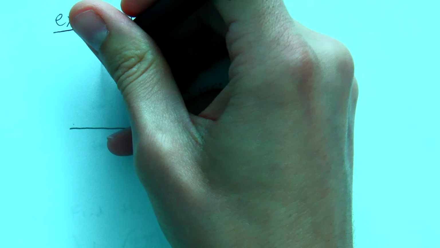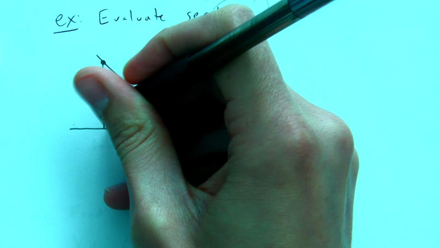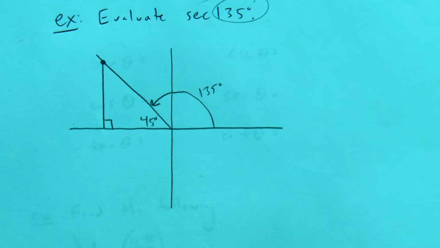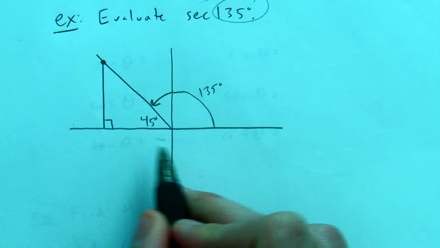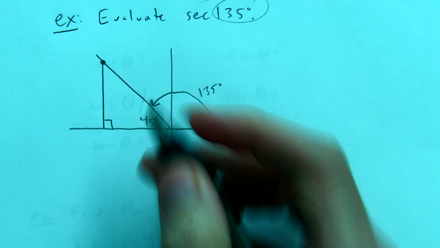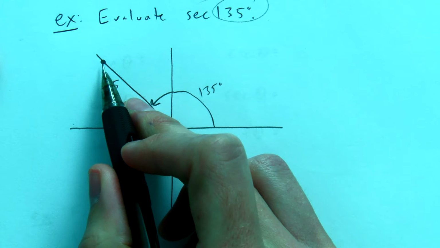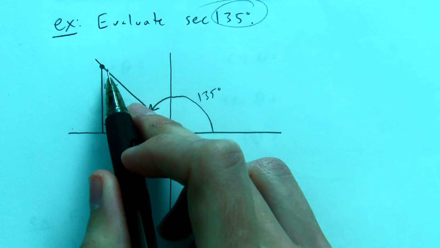Remember, we always draw from the terminal side straight down to the x-axis to make our right triangle. And look what kind of right triangle I ended up with. This is one of my special right triangles, isn't it? It's a 45, 45, 90. What I want to know in order to evaluate secant is what x and y are here.